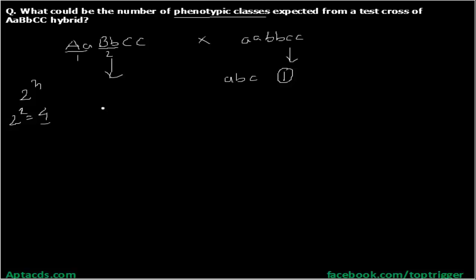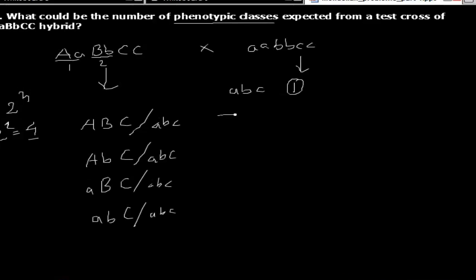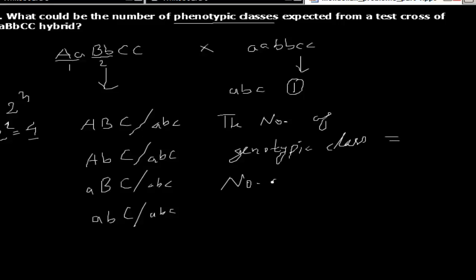The 4 possible gametes that are going to be formed by the parent are like this: ABC, then small a capital B capital C, then small a small b and capital C. So all are going to cross with the same recessive parent, so the number of genotypic classes is equal to the number of phenotypic classes, which is equal to 4.